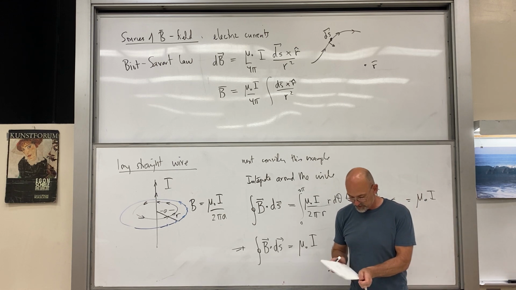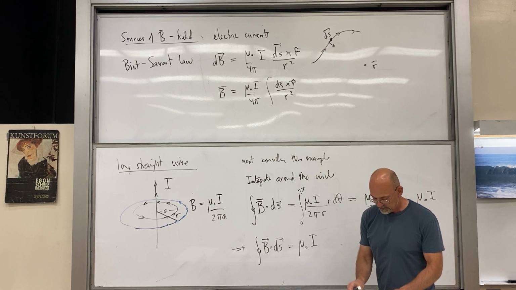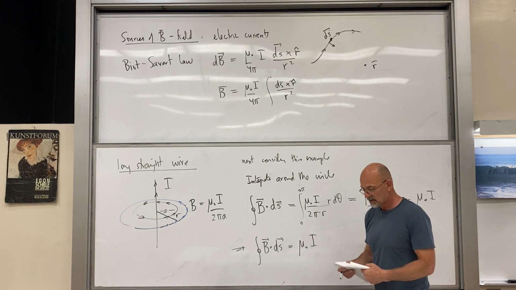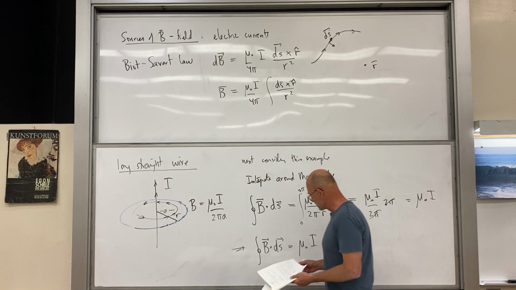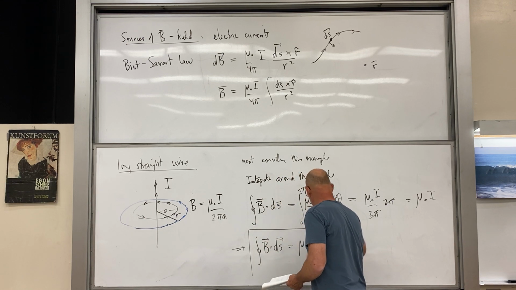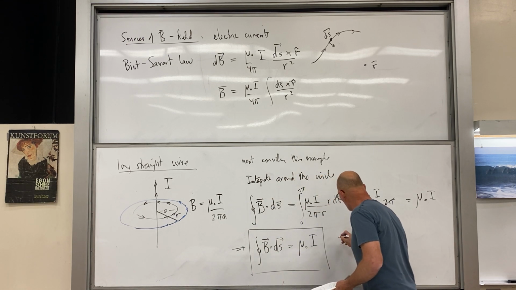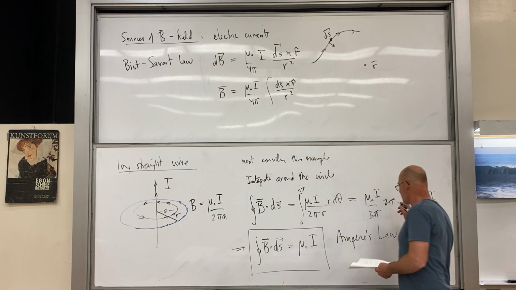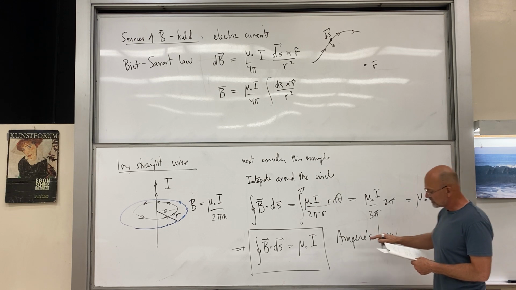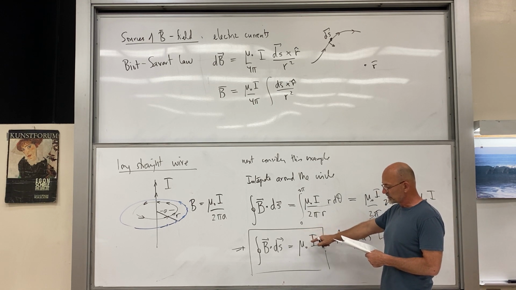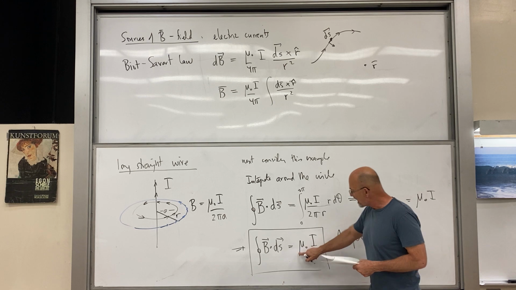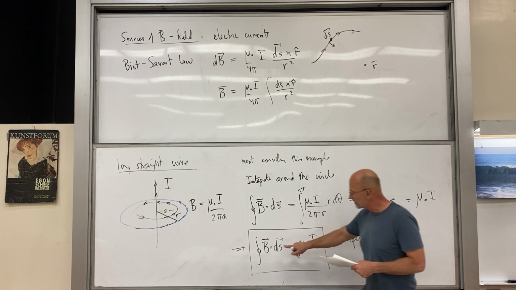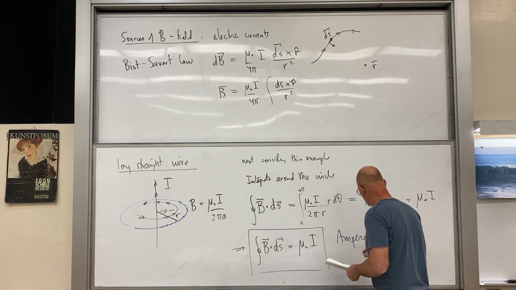So let's put that in words. This is Ampere's law, and I'll put in words what we have there. The line integral of the B field along a closed curve is equal to mu naught times the current passing through the surface bounded by the curve.